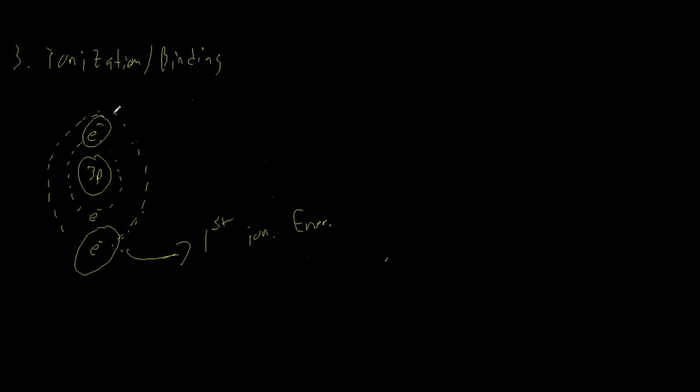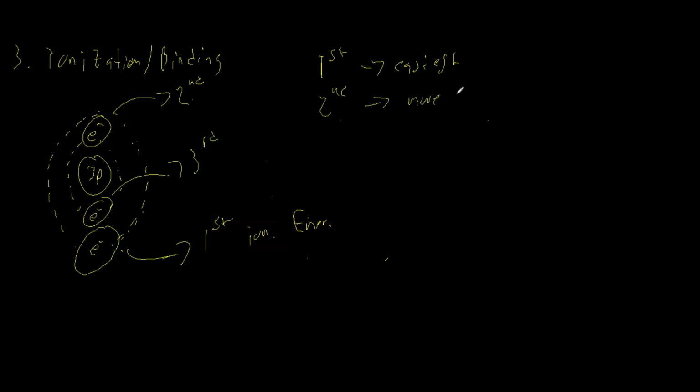For the next one on the inside, it would be your second ionization energy. For the third one, your third ionization energy, and so forth. Ionization energy increases every time you remove an electron. The first one is going to be the easiest. The second one is going to have more energy. The third one is going to have even more energy, and so forth.